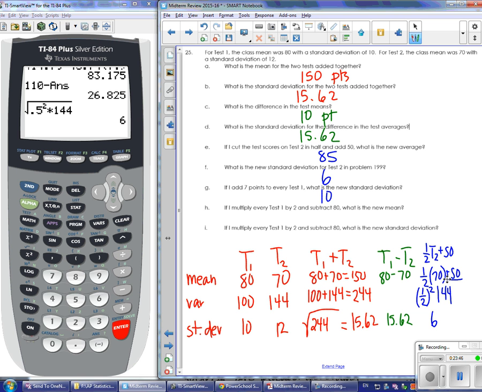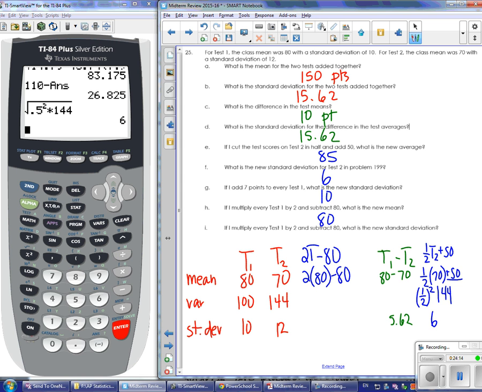And then in letter H, it says if we multiply every test 1 by 2 and subtract 80, what's the new mean? Sort of running out of space here, so let me just erase this. All right, so if I multiply test 1 by 2 and subtract 80, I can do that to the mean, so it would be 2 times 80 minus 80, which is just going to leave us with 80.